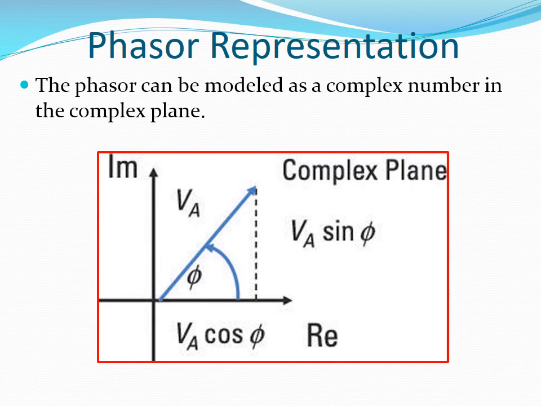It can thus be expressed in polar form using magnitude and phase angle, or in rectangular format using real and imaginary components. This means that AC voltages and currents can be represented using complex numbers.